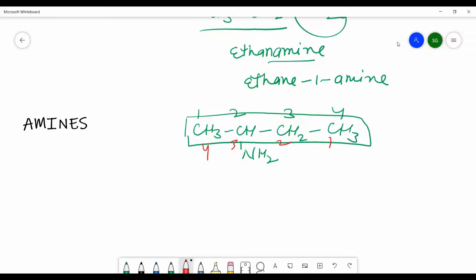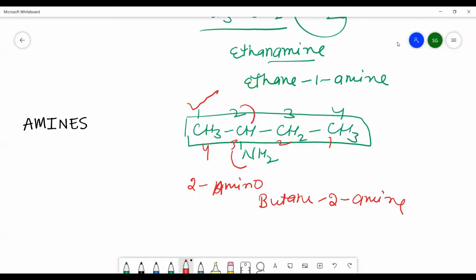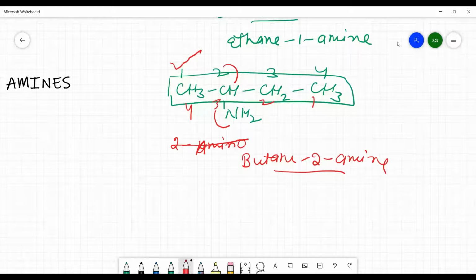You will see here the NH2 gets the third position and there the NH2 gets the second position. So we have to follow this way. The nomenclature will become 2-aminobutane, or butane-2-amine. That will be the nomenclature for this compound, butane-2-amine.